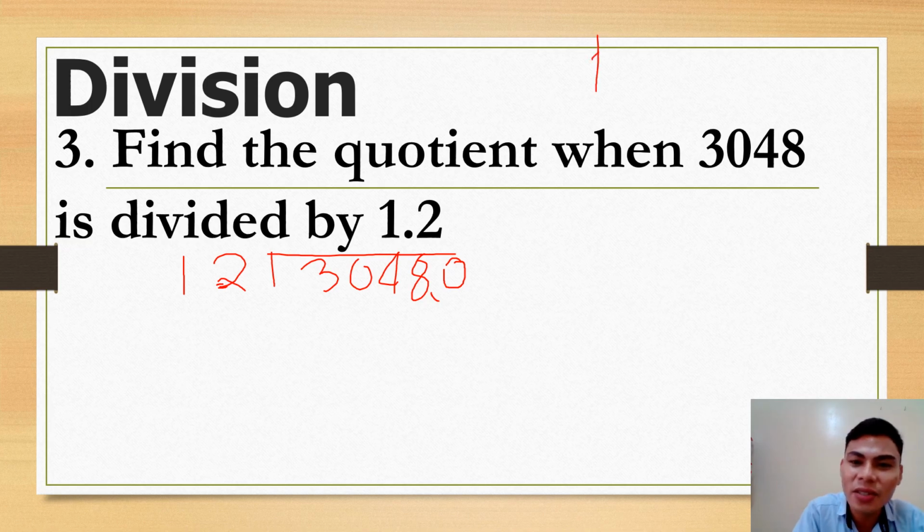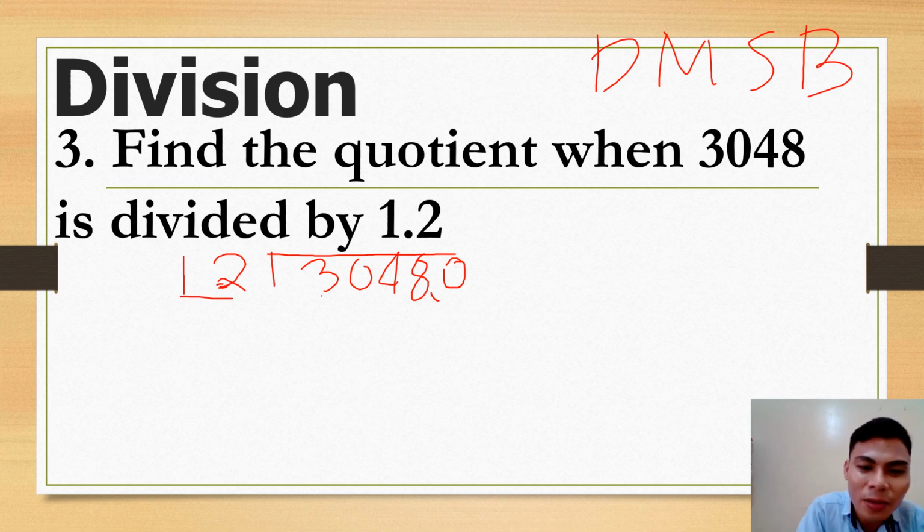Diba? So, let's use DMSB. Don't mess somebody. So, again, we have 2 digits. So, sa 2 digits na tayo. Anong pinakamalapit na number? 2. Because 2 times 12, 24. What's the next? Subtract. So, 6. Tapos, bring down 4.